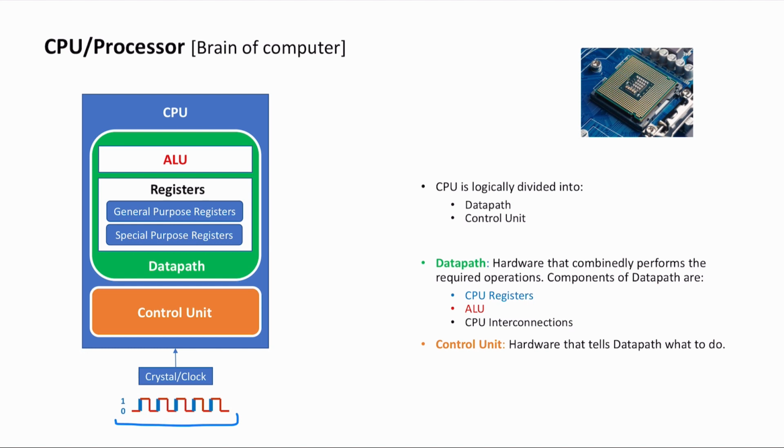Let's concentrate on why we need this clock. This is the major question. Why do we need this clock? The clock is set in such a way that the smallest unit of processor activity is carried out in one tick.